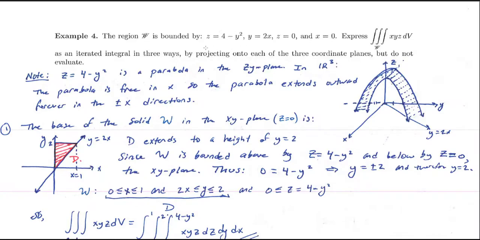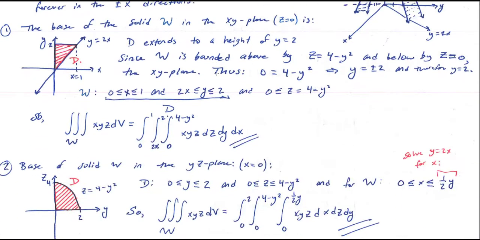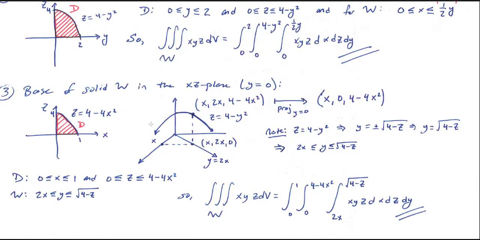Okay. So if we look down here, z equals 4, if we sketch it, technically z equals 4 is just this, right? It's just that.